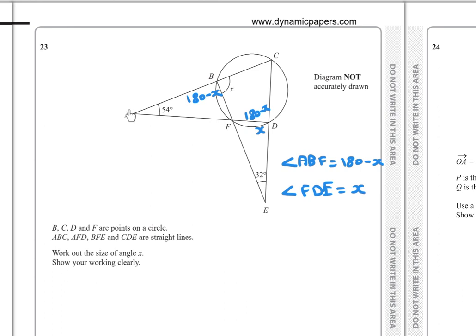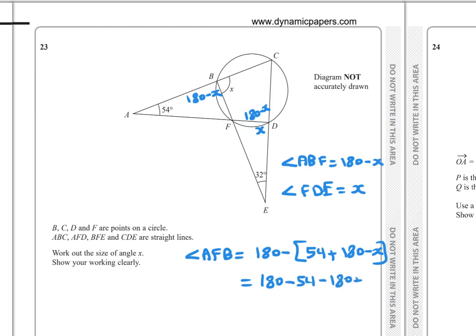Now in this triangle ABF, we can find the third angle in terms of x, angle AFB. Angle AFB equals 180 minus bracket 54 plus 180 minus x. So equals 180 minus 54 minus 180 plus x.